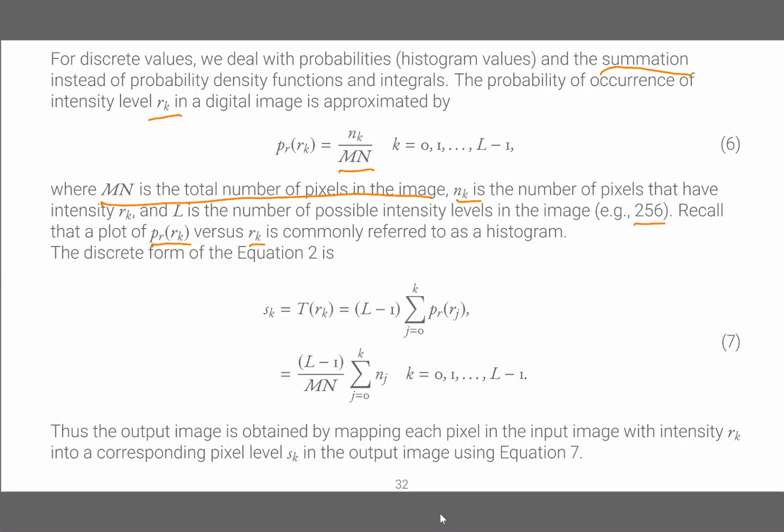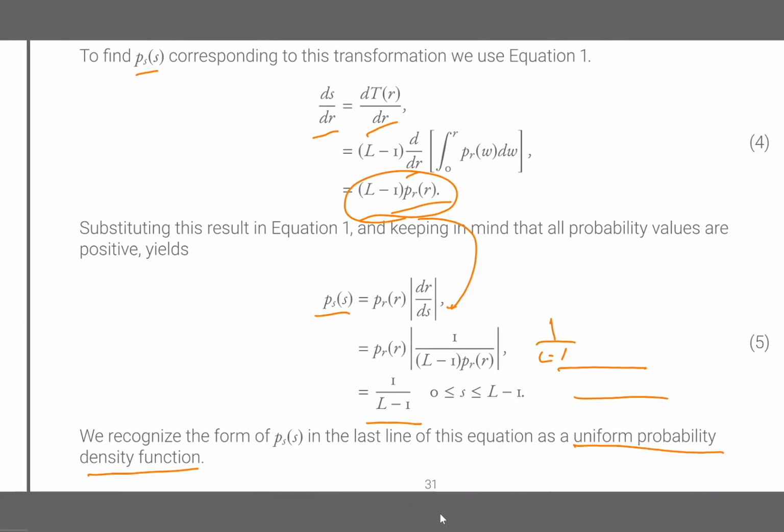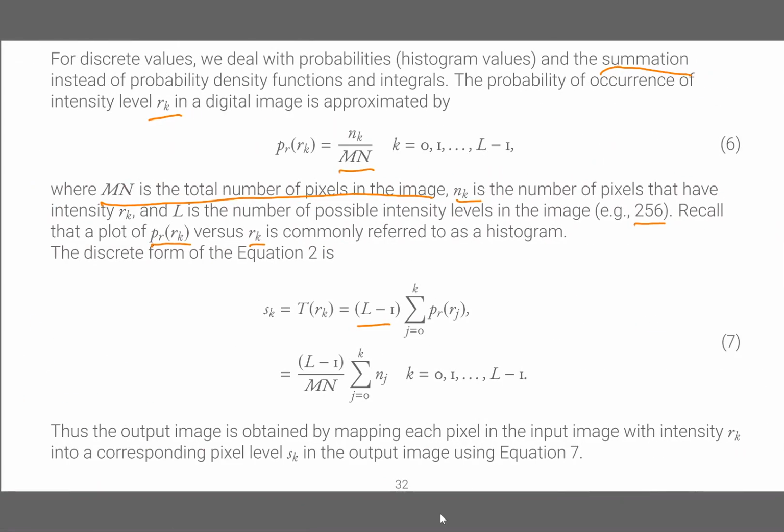The discrete form of equation 2 is s_k equals L minus 1 times, instead of the integral, we put the summation in this formula, j goes from 0 to k, p_R(r_j).